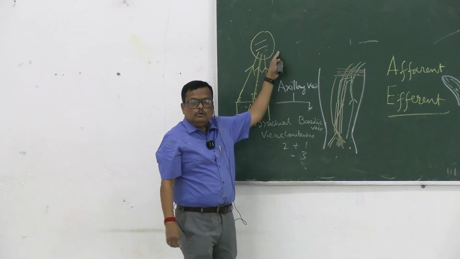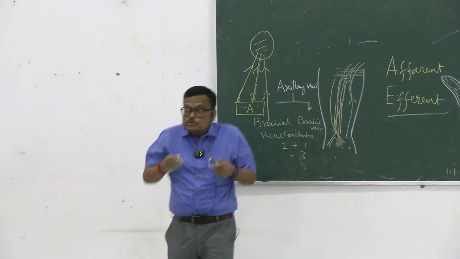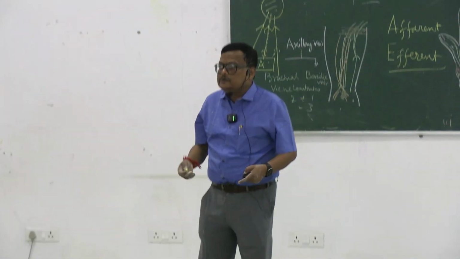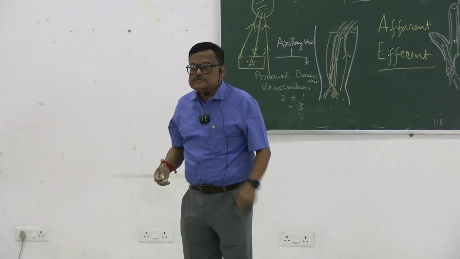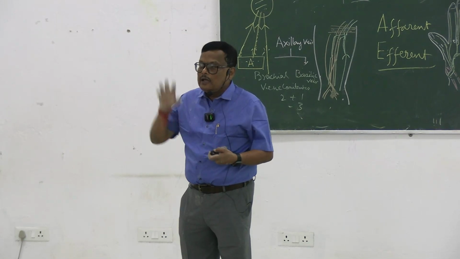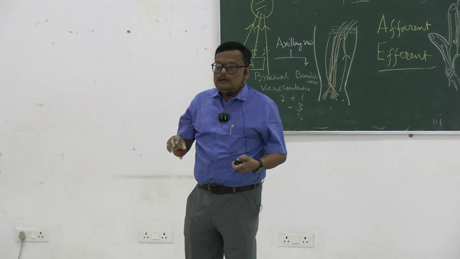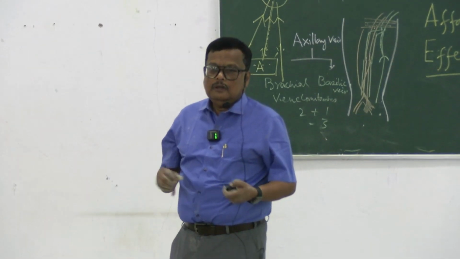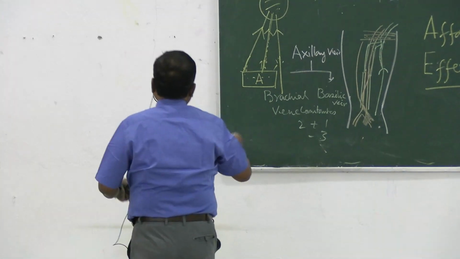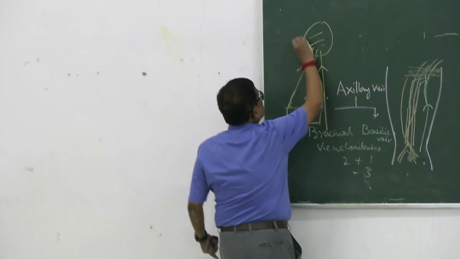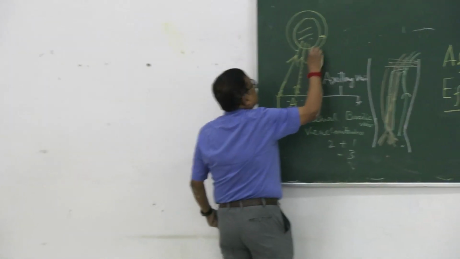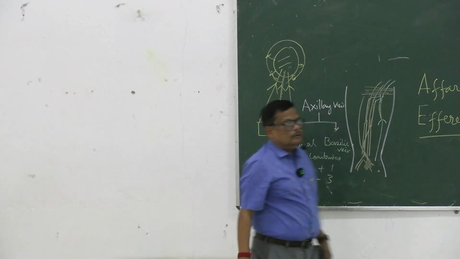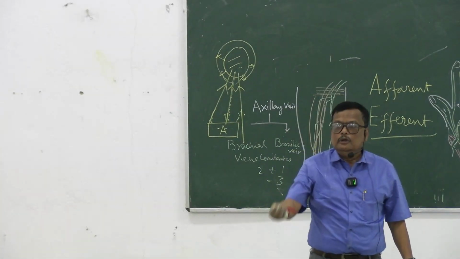And the lymph node finds, oh, it is a very bad thing. Some foreign particle, a bacterial part or a cancer cell is there, and it tries to attack it. And while attacking, it also becomes inflamed and enlarged.